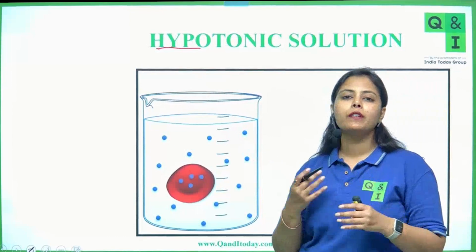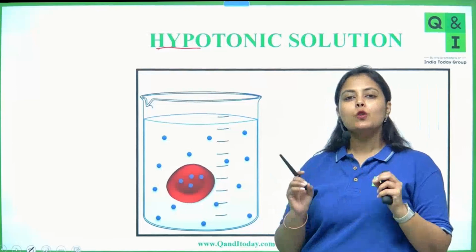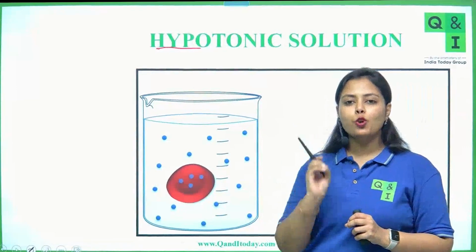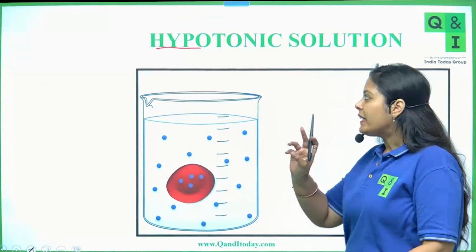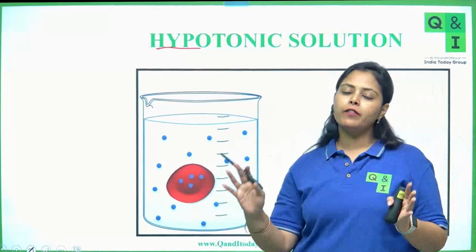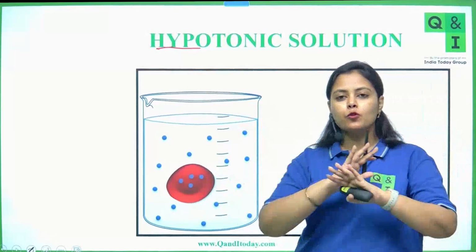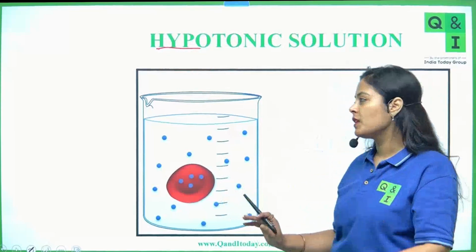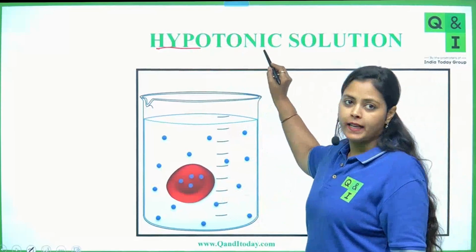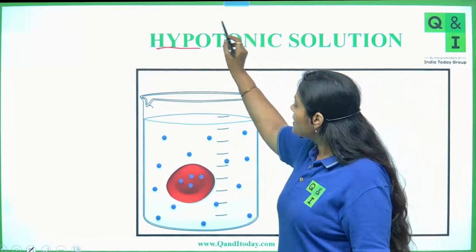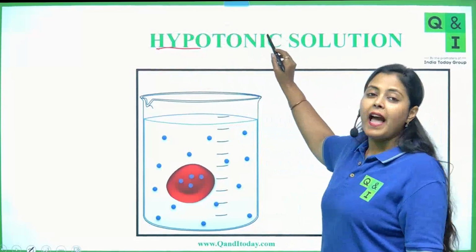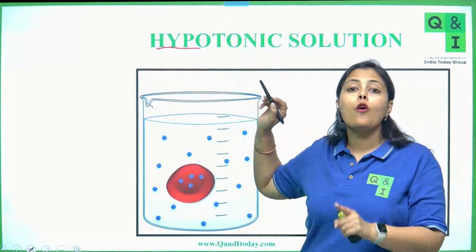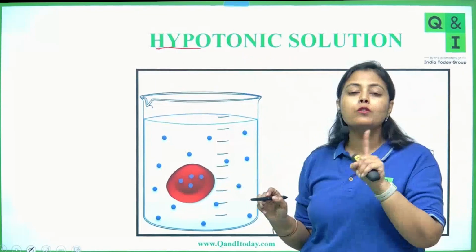Now I am going to tell you how to memorize this. I am going to tell you one very short trick. For isotonic, we know that the concentration is the same, so there would be no movement of water. Now you people get confused in these two terms. For hypotonic, always refer to the concentration of solute, not solvent.